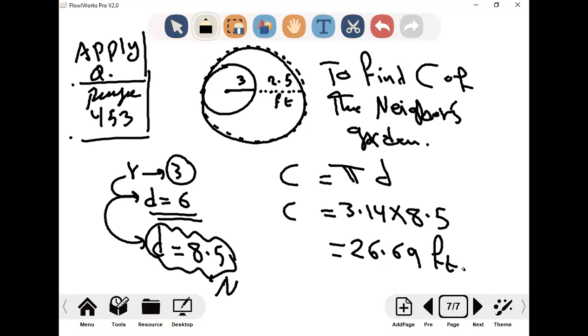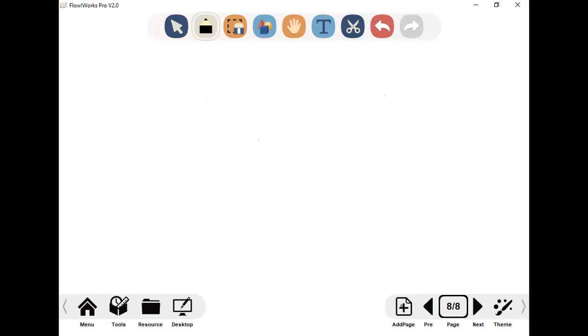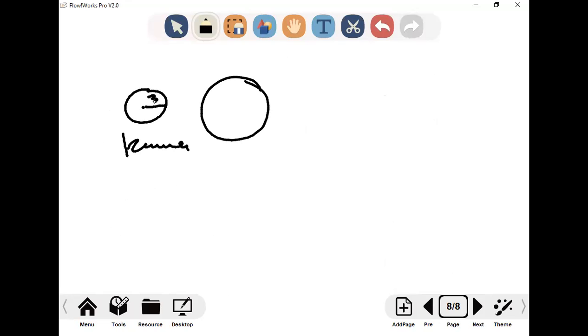Do you understand it? Again, we have Kama and her neighbor. Forget them, I will separate them. This is for Kama and this is for the neighbor. The radius of Kama is given, how much? 3.